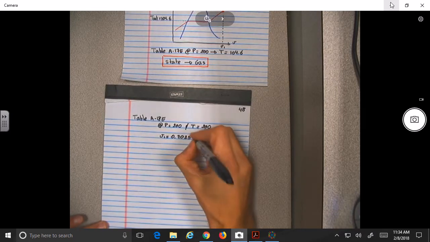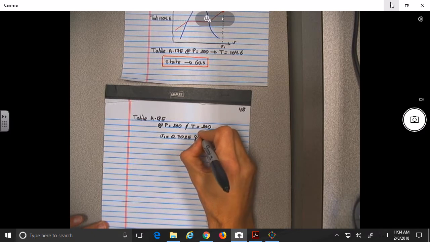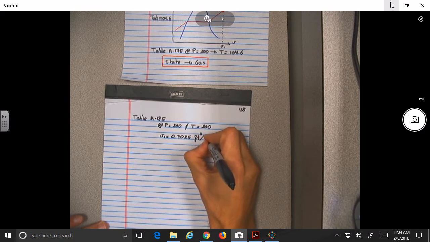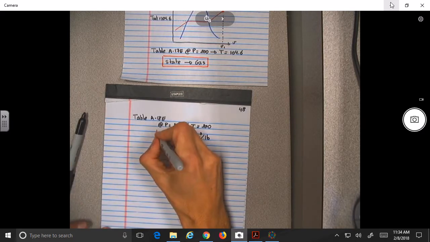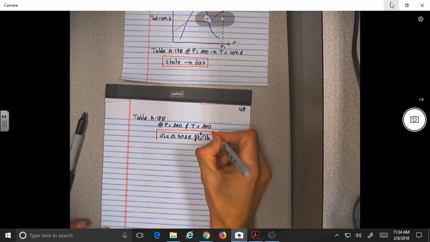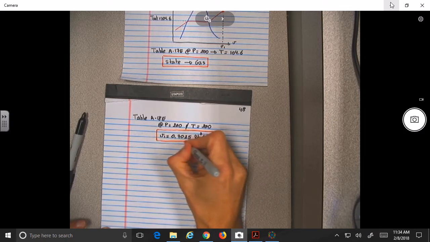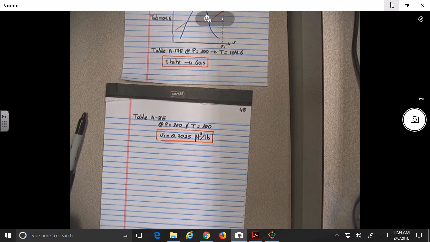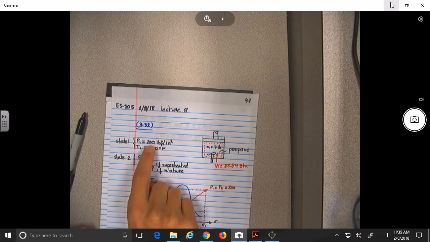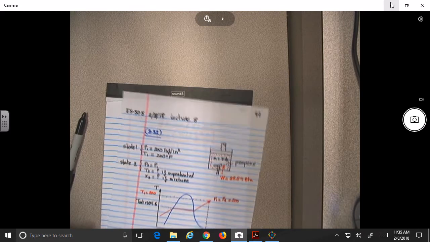And if I'm correct, the units for this should be cubic feet per pound. Why did you use T equals 200? Because this is what is given to us in the problem. We know at state 1, pressure is 200 and the temperature is 200. Okay?